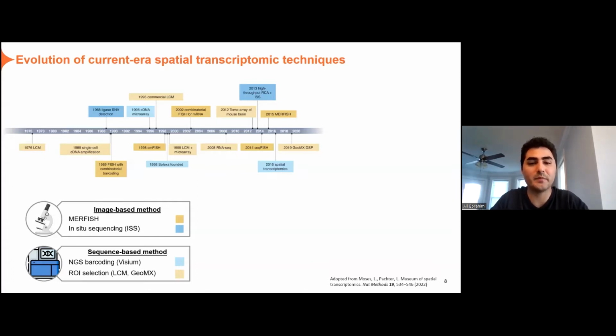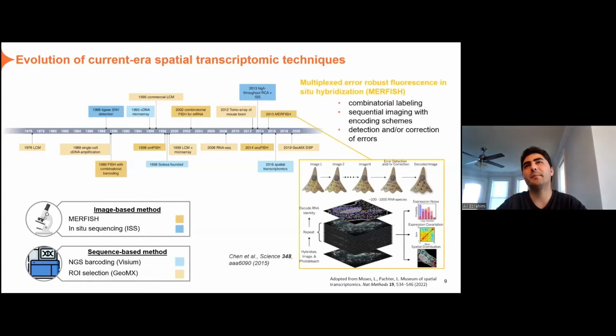Within the image-based methods, one of the novel techniques is called MERFISH, which is technically an expansion of single molecule FISH, in situ hybridization, but the trick is that they use combinatorial labeling, meaning you don't have a very few set of probes, but you can generate so many different probes by creating this combinatorial labeling strategy.